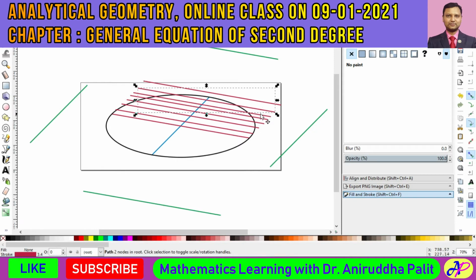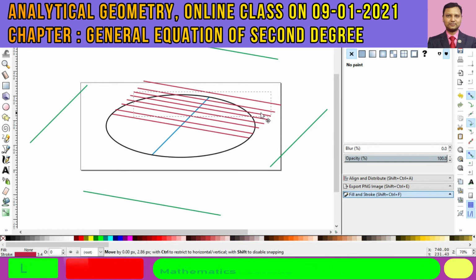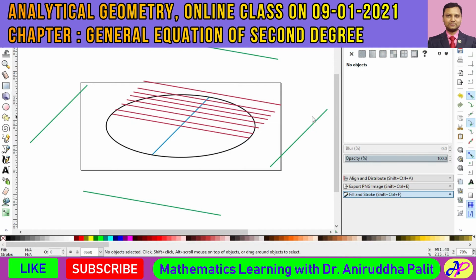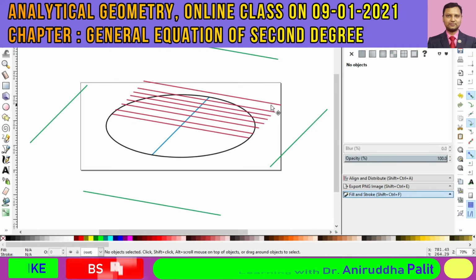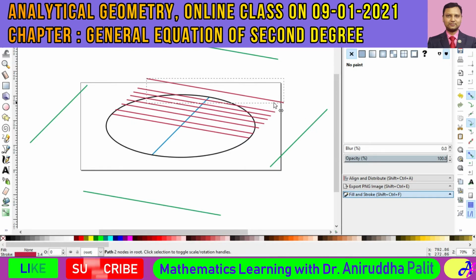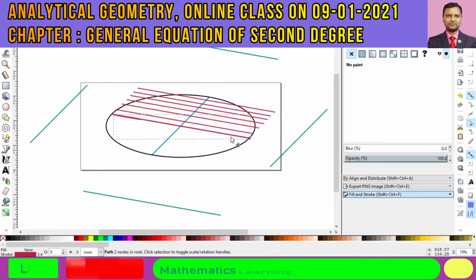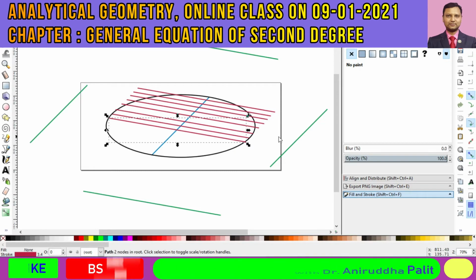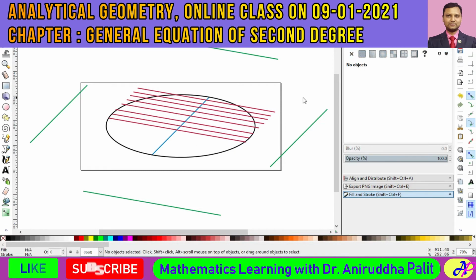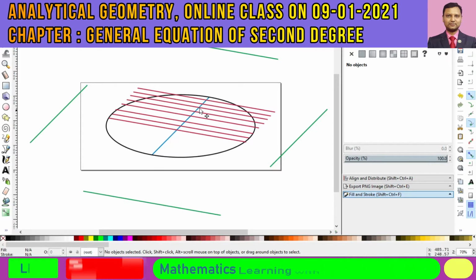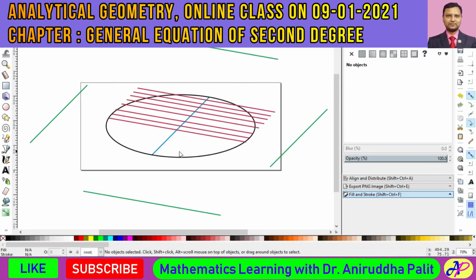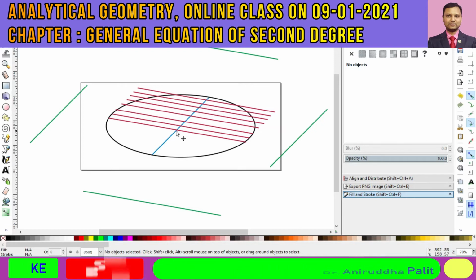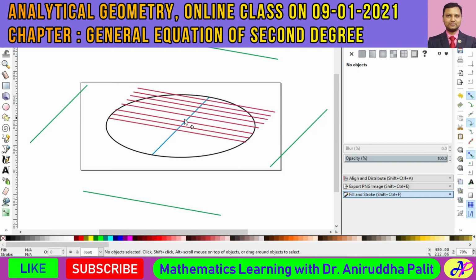If we draw all these parallel lines, then you will observe that the middlemost points of all these parallel lines lie on a straight line.